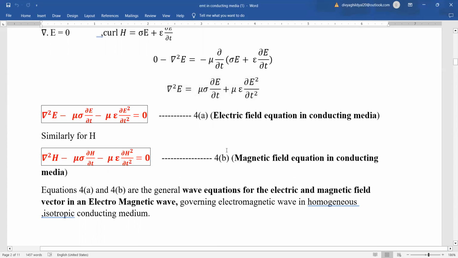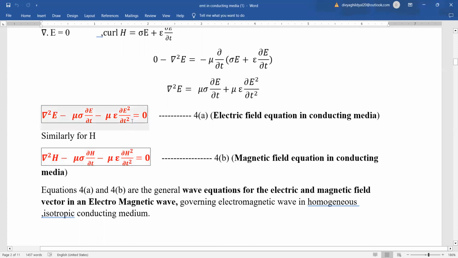Similarly, for the magnetic field, we get the equation del 2H minus mu sigma del H by del T minus mu epsilon del 2H by del T2 equal to 0.